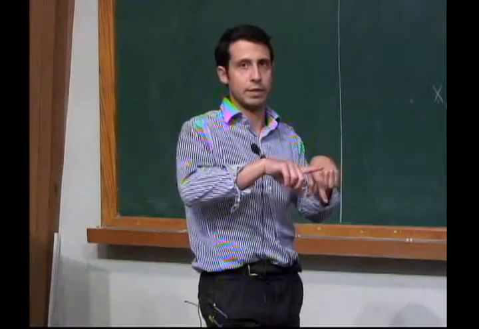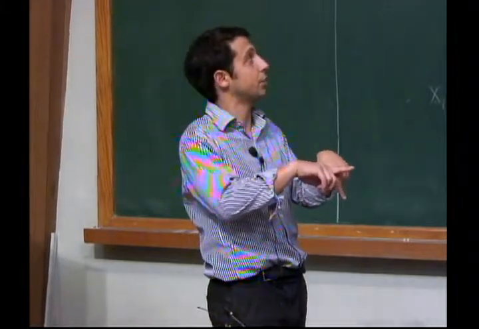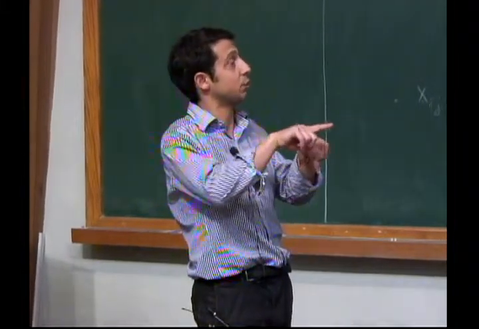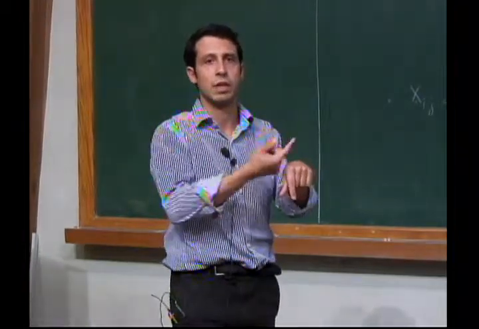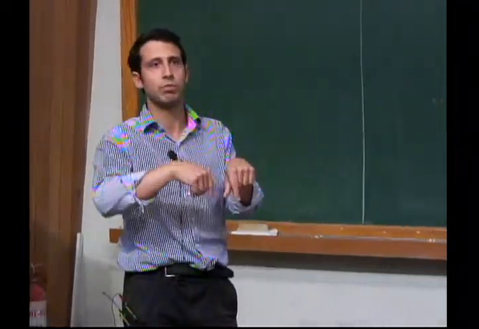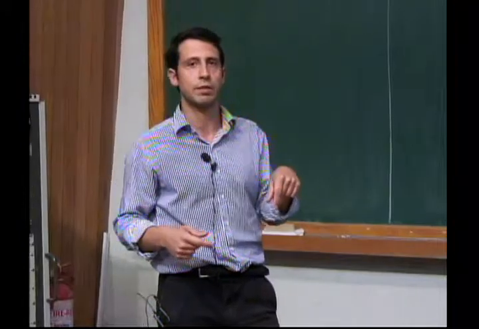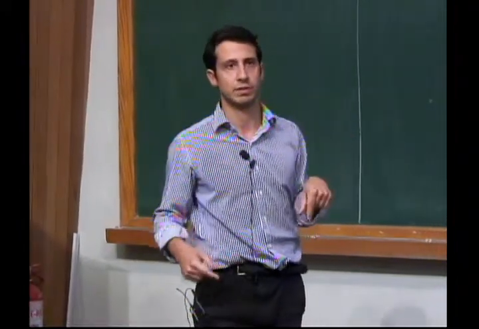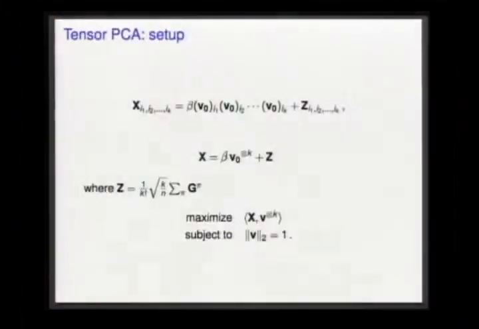You just do an inner product: you take the product of the tensor in all the directions except one with a random vector, and the vector you obtain at the end is going to be proportional to the signal. So there is a good reason to believe that if beta is large enough, you are still capable of saying things about it, despite knowing that the problem in general is a very hard problem.